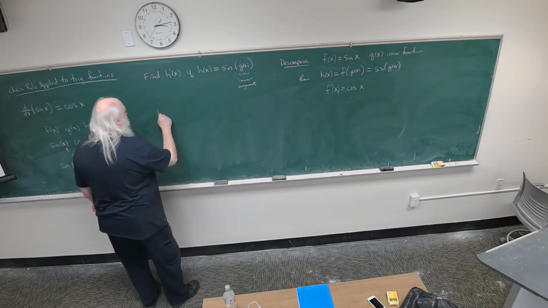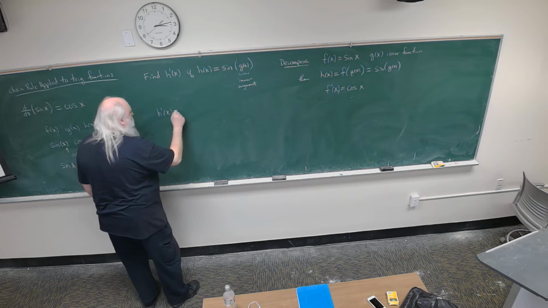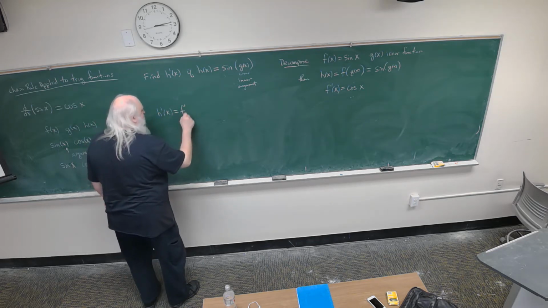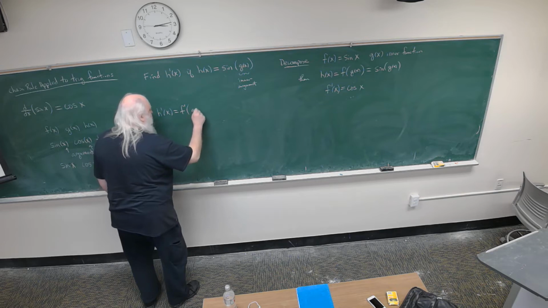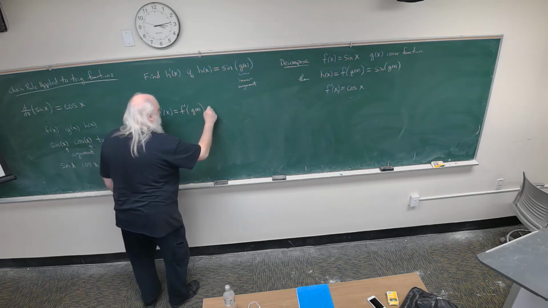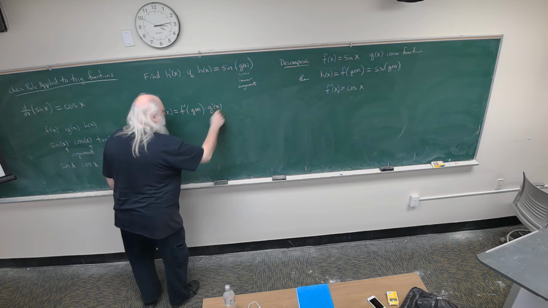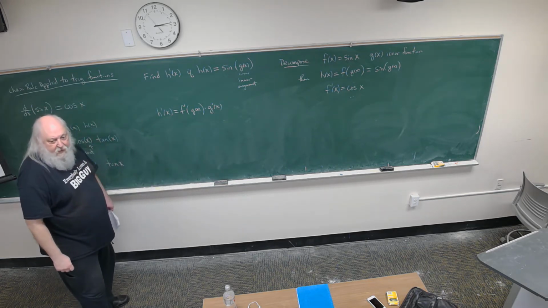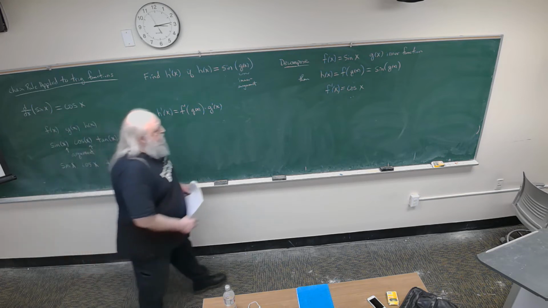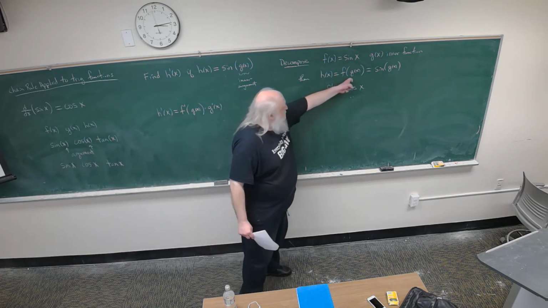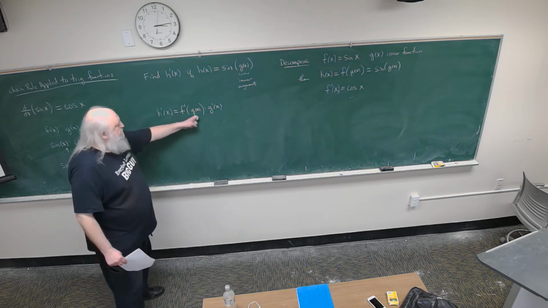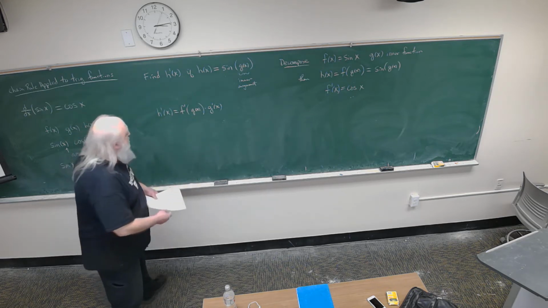So h prime of x, we know by definition, is equal to f prime of g of x times g prime of x. Derivative of a composite function. This is our composite function. H of x is equal to f of g of x. Derivative of that composite is f prime of g of x times g prime of x.